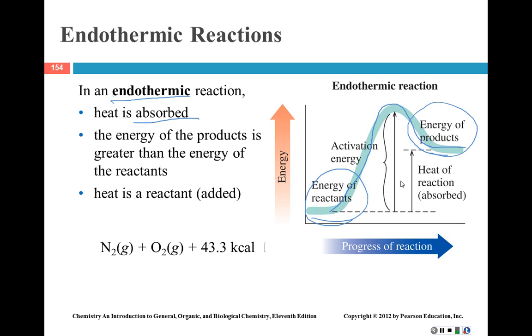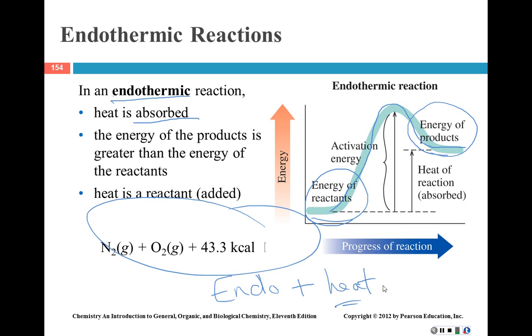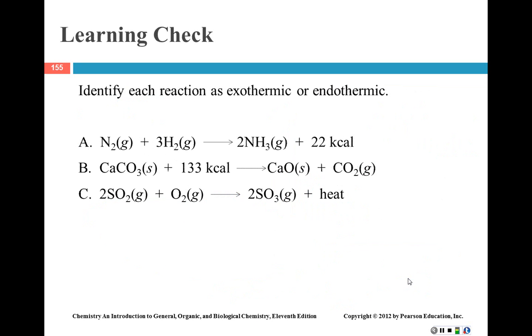So it's not going to just happen on its own. And so heat is a reactant in this case, all right? And so in an endothermic reaction, you're going to add energy or heat, and so it'll be on the left-hand side of the arrow in your chemical equation.